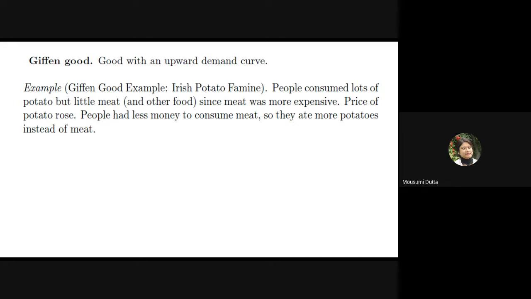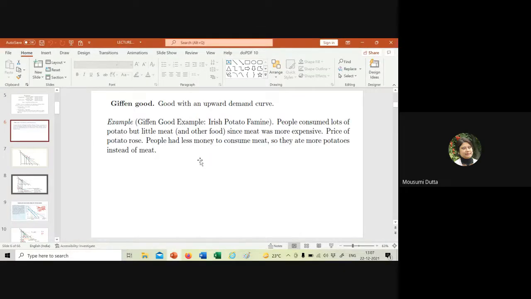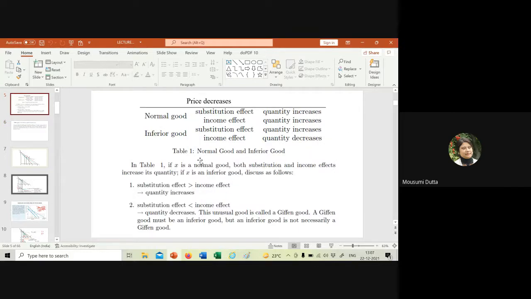So this is all about the possible cases we can think about for normal and inferior commodities. However, here in the class, I have done everything considering a reduction in price. So now I'm giving you a homework. Please write down homework.